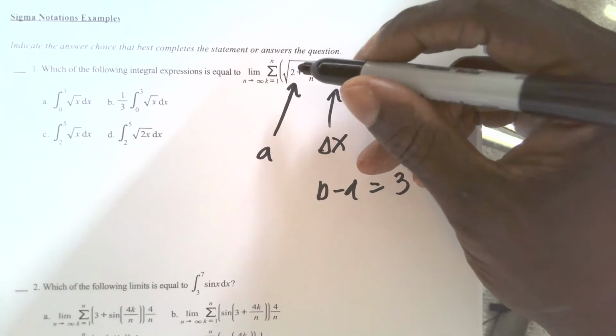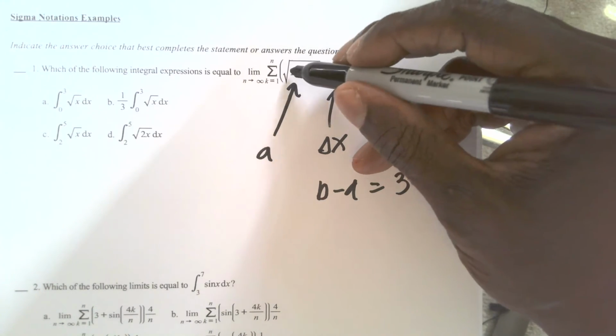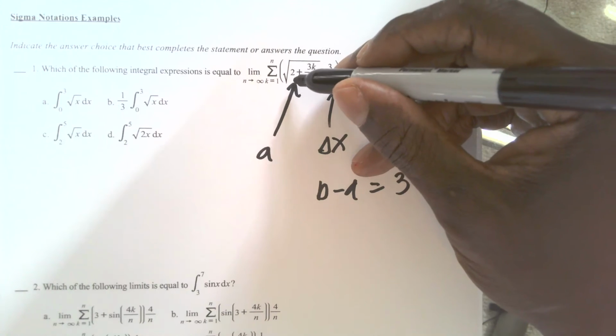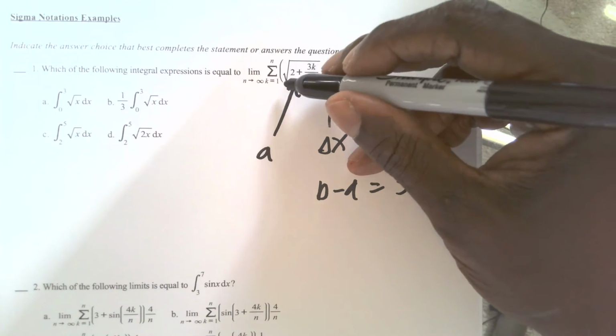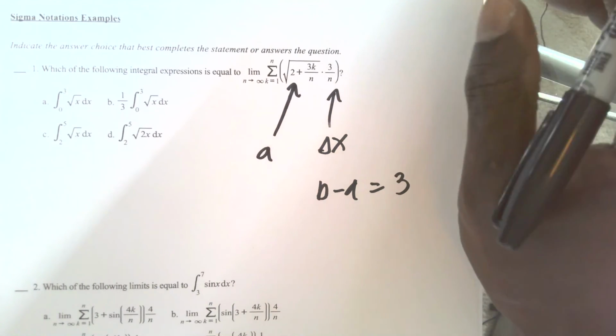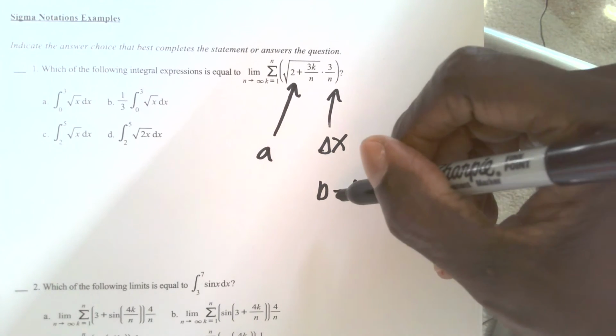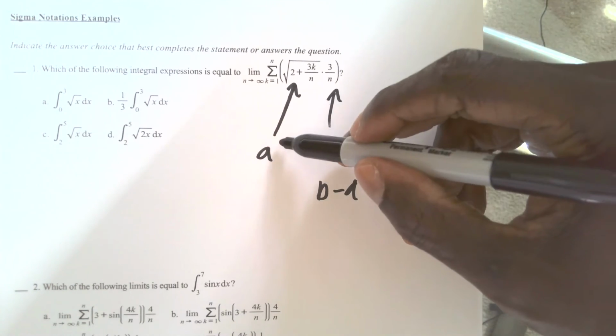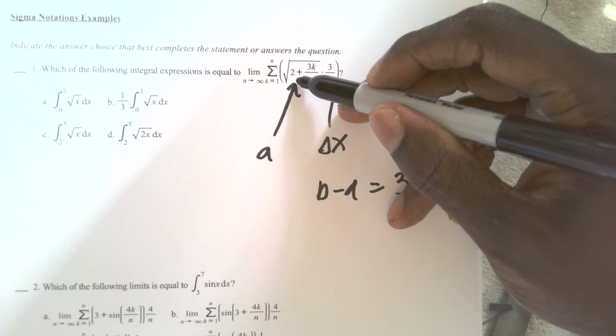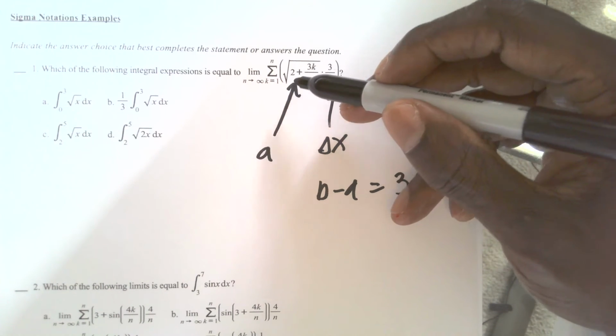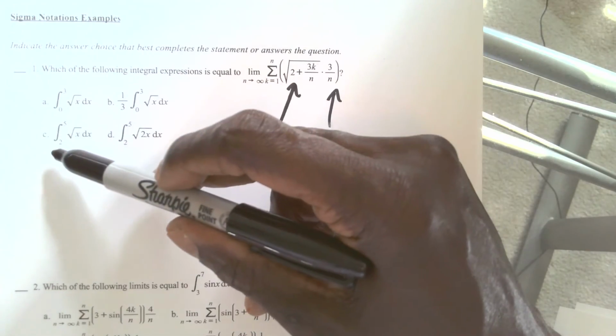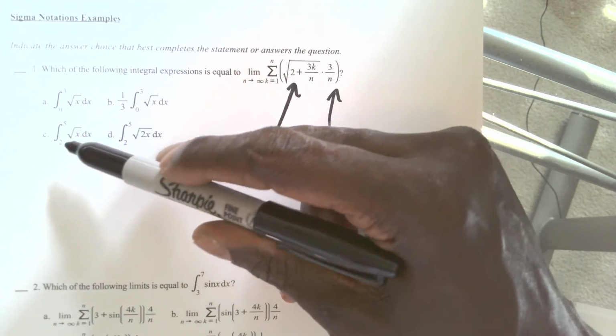The function is simply the square root of something. So if this is a, then the function is simply the square root of x. If b minus a is 3, and if a indeed is 2, then b better be 5. So I'm looking for 2 to 5.